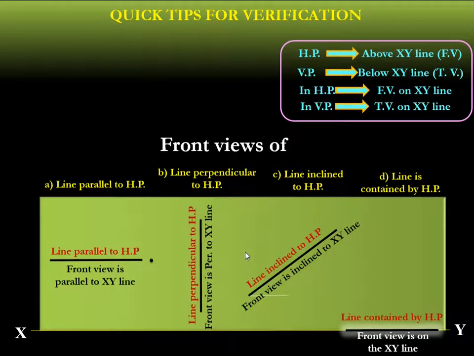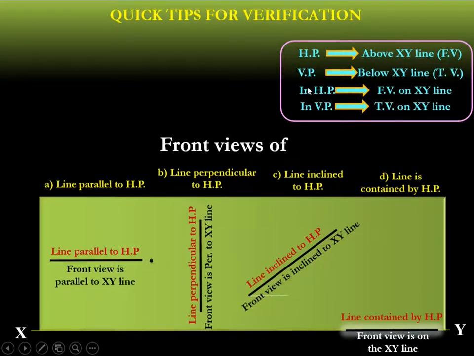We all know that there are two reference planes, the horizontal plane and vertical plane. Whenever the reference plane is horizontal plane, the projection is obtained above the XY line and it is called as front view. Whenever the reference plane is vertical plane, the projection is obtained below the XY line and it is called as top view.